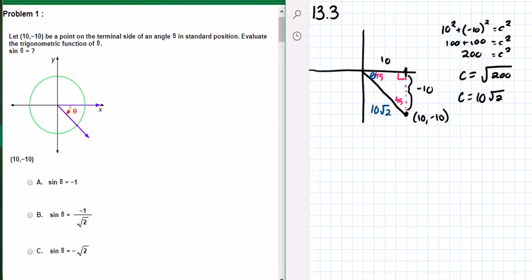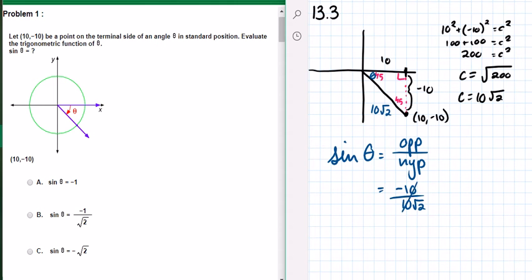So if I were to find the sine of theta, it equals the opposite over my hypotenuse. The opposite side in this case is negative 10 over my hypotenuse, which is 10 radical 2.